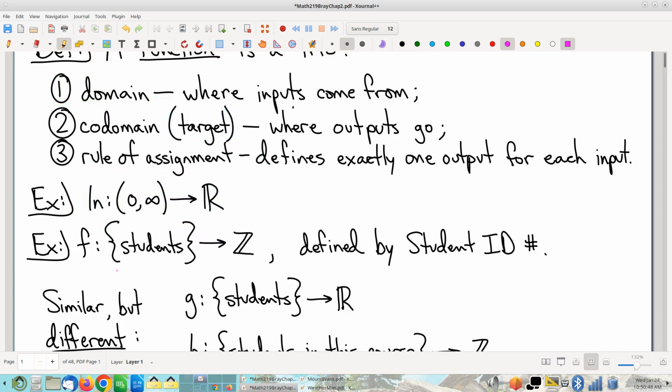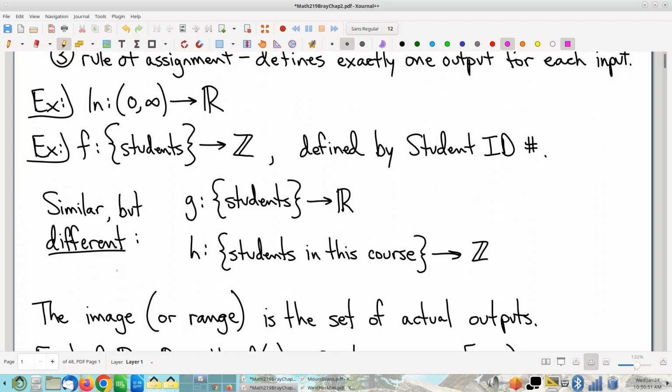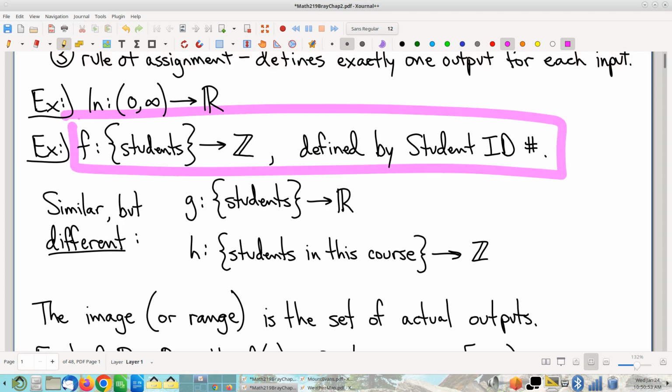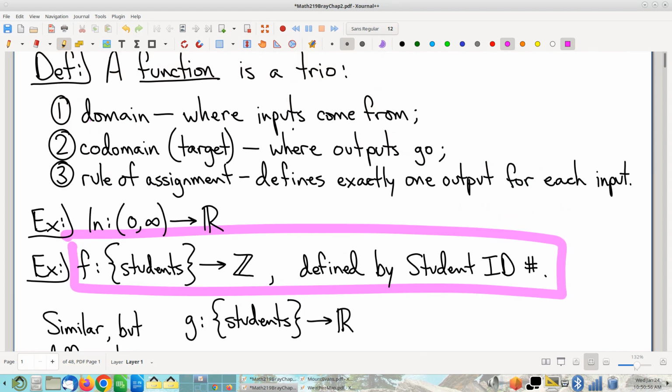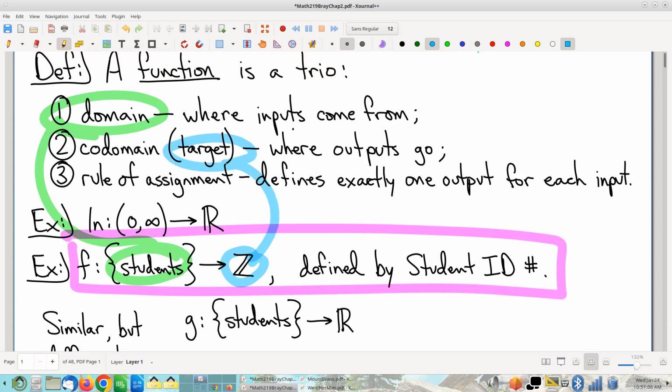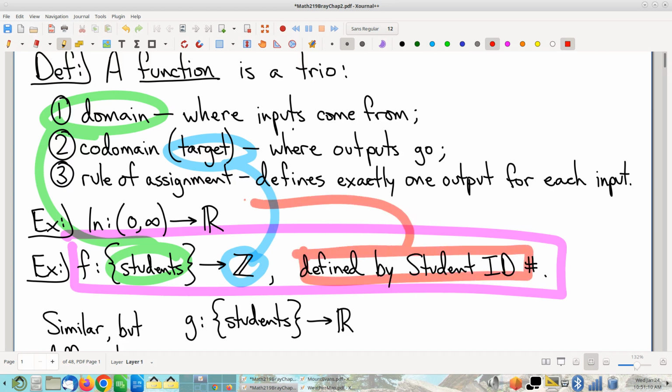Okay. All right, here's another function. That's a function. Reminder, we have a domain. That's where the inputs come from. We have a target. That's where the outputs go into. We have a rule of assignment. And that is for every element of the domain, namely for every student, let's say at Duke, the rule is, what is that student's ID number?